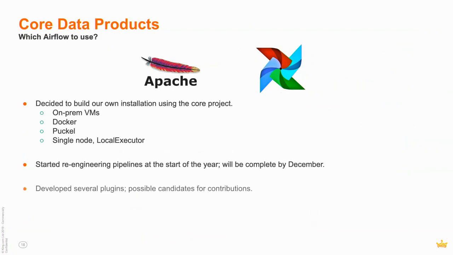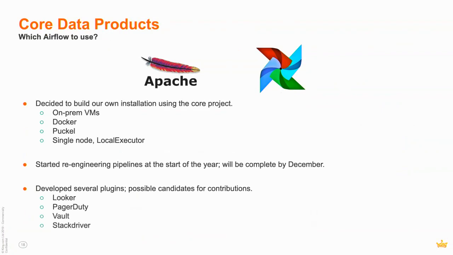On the way, we've had to develop several plugins, and so this is maybe where we can start thinking about potentially making that transition from being just users to contributors. There's maybe some possible candidates. We built some plugins for things like Looker and PagerDuty, Vault, and Stackdriver as well.